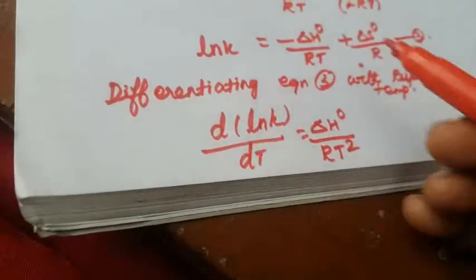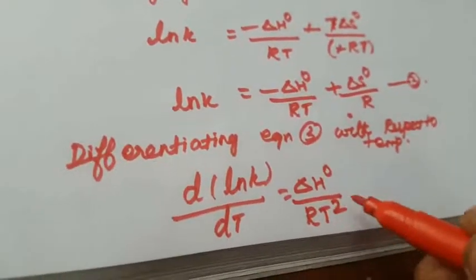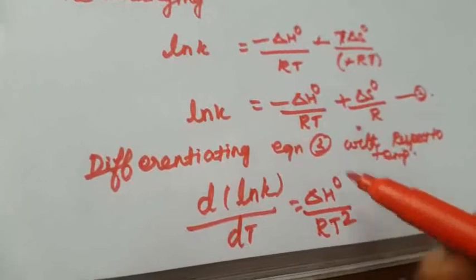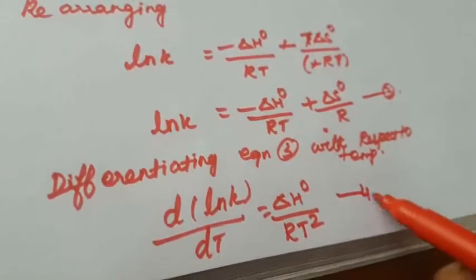The delta S0 by R term is a constant, with no temperature in it, so it vanishes. Delta H by R is a constant, and differentiating minus 1 by T gives 1 by T square. So this is the fourth equation.